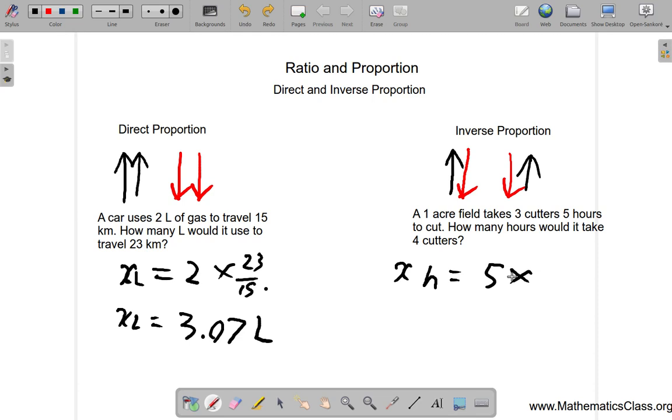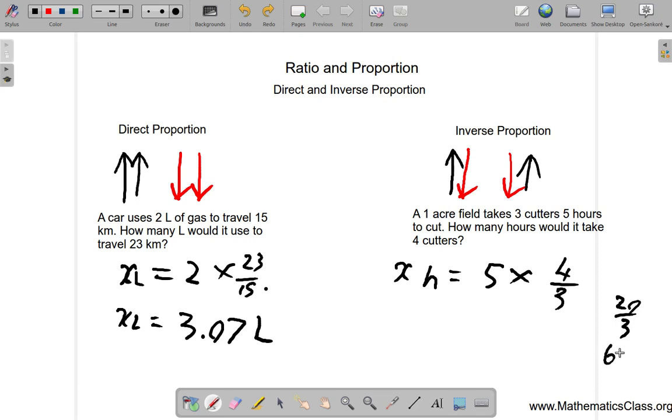Now, the answer should give you a smaller number of hours than 5. You cannot put the 4 cutters over 3 cutters because that will give you a larger value than 5. You would say 5 4s are 20, and 20 over 3 would be 6 and 2/3.